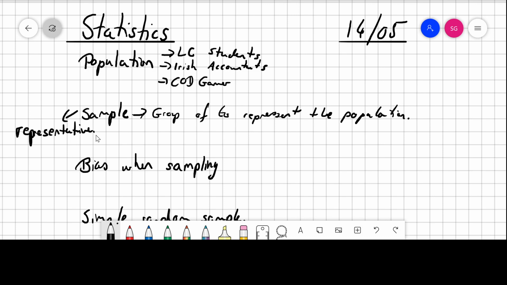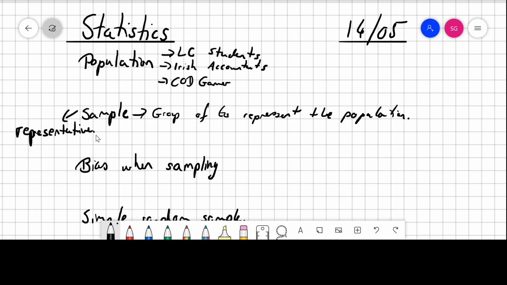And it's good at being a scaled down version of the population that we're studying. So imagine I was taking Irish accountants. If I just went and asked only Dublin based accountants, I wouldn't really get a perfectly representative sample.